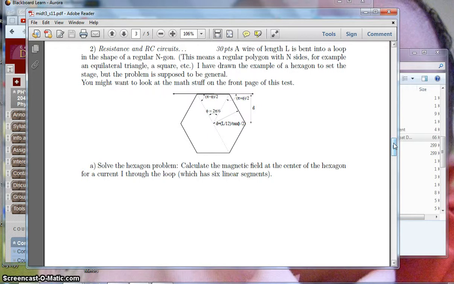And I looked here and I found that I had this really interesting problem in 2011 in the spring, in a third midterm, of a hexagon with a current in it. This is a fairly hard problem for a test, honestly, but I gave a lot of information in it.